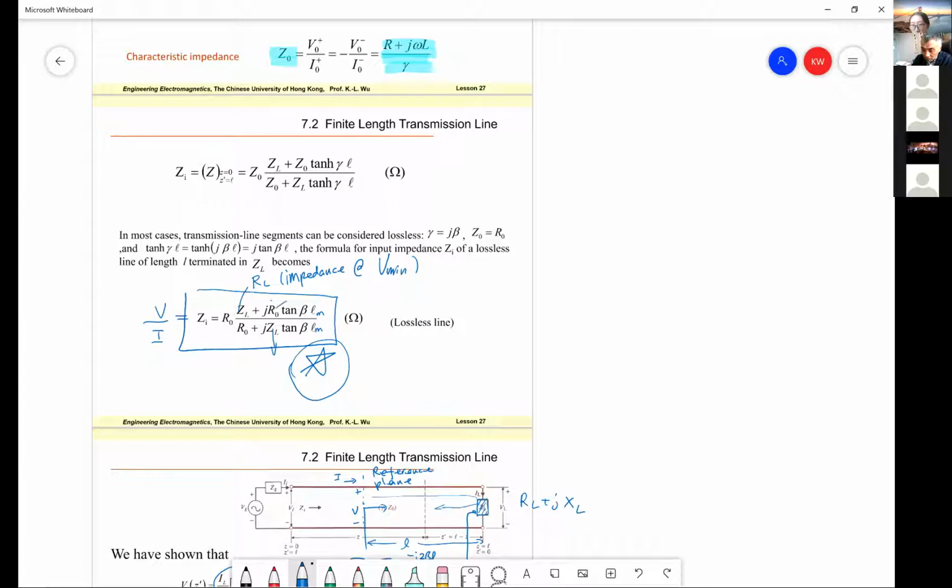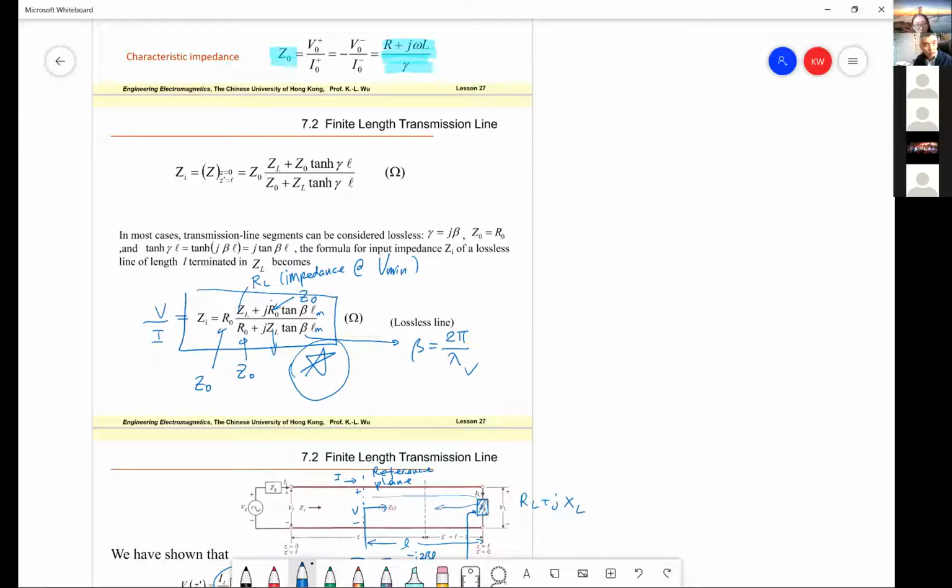This is Z0, the characteristic impedance. Beta, remember this, it can save your life. Beta is 2 pi divided by wavelength. You know the wavelength, and do you know pi? Of course you know pi, right?